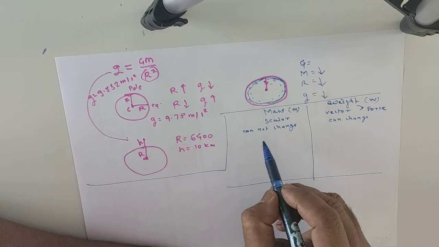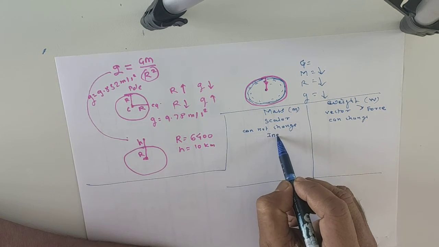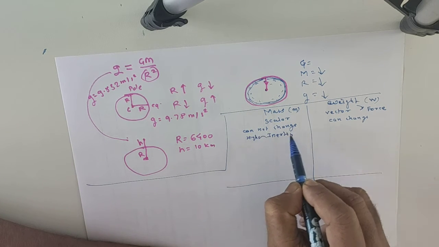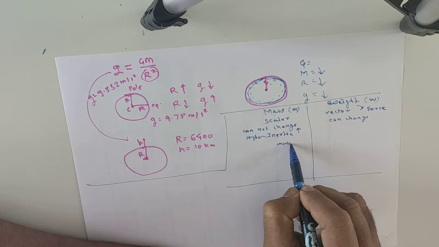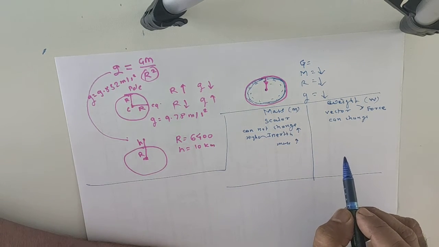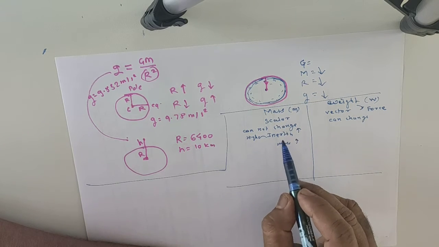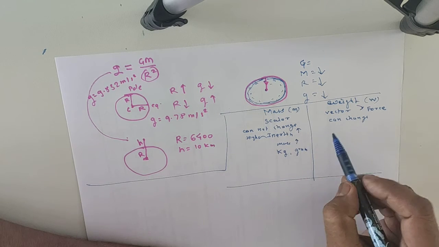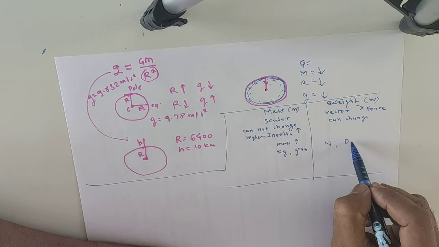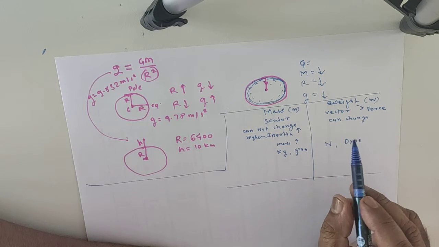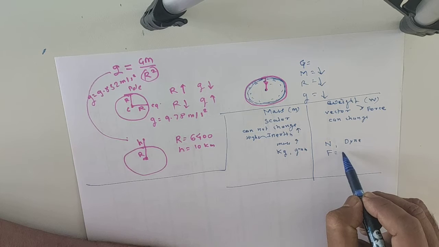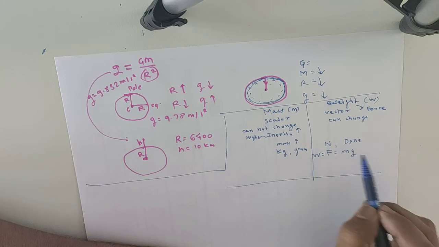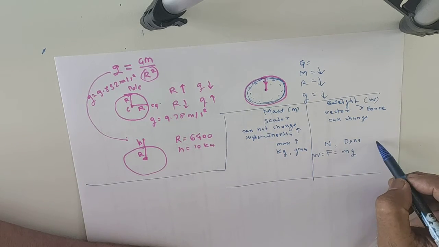Here we know that higher inertia means higher mass. Mass is more, inertia is more. The unit of mass is kilogram, gram, and the unit of weight is Newton, dyne. The formula to calculate weight is F is equal to mg, because F is W, weight is W, and m is mass.